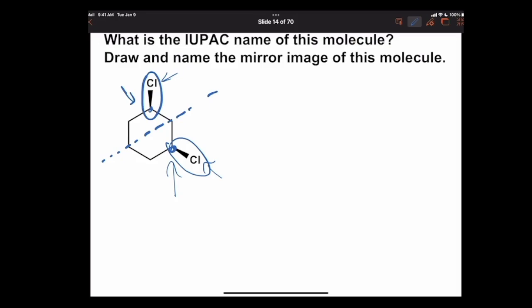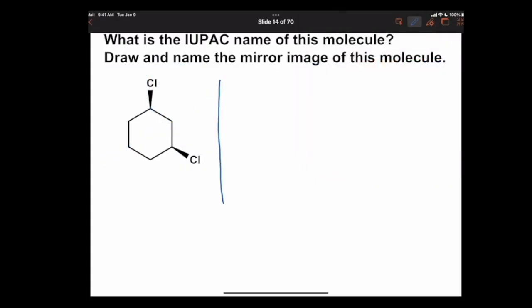Now why does that happen? Remember, to be chiral, it cannot be superimposable on its mirror image. Draw this guy's mirror image for just a second. So if I put a mirror here, I'm going to reflect this. So I'm going to draw, this is up, chlorine, and then up here, up, chlorine. That's the 2 molecules.